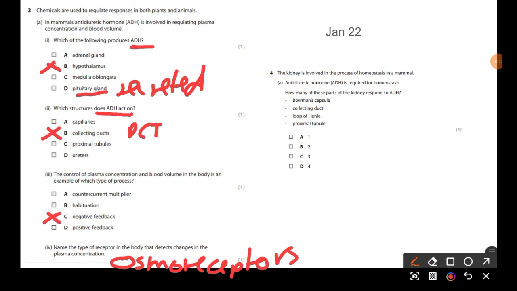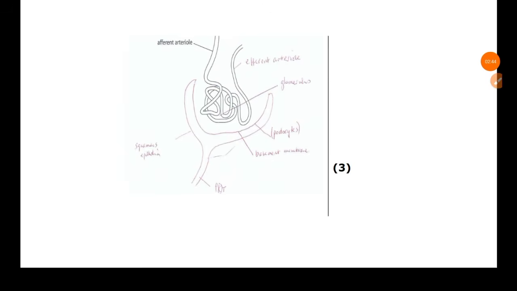Another question from, actually, I don't know which year this is, but the kidney is involved in the process of homeostasis. How many of these parts respond to ADH? This is basically the same thing as this. Collecting duct, so just one. Here for 3 marks, it told you to draw a Bowman's capsule and label two parts of the graph.